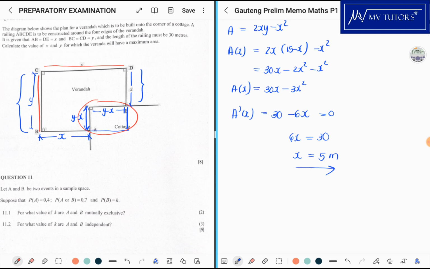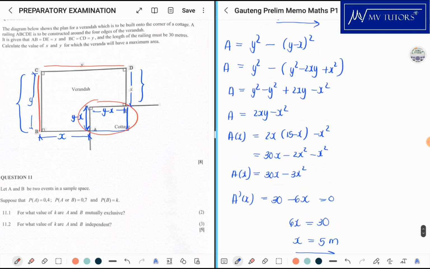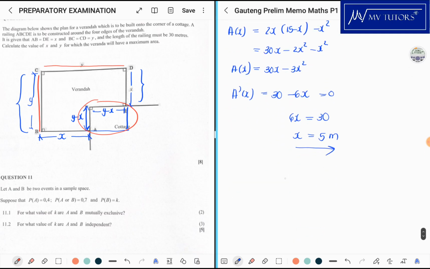We said y is 15 minus x, which is 15 minus 5. So y is 10 meters. Once you get an answer, just look if it makes sense. If it doesn't make sense, probably something is wrong. And that's it for question 10.